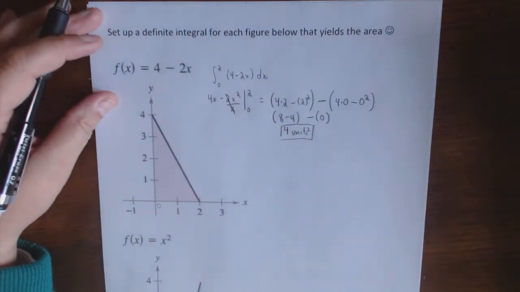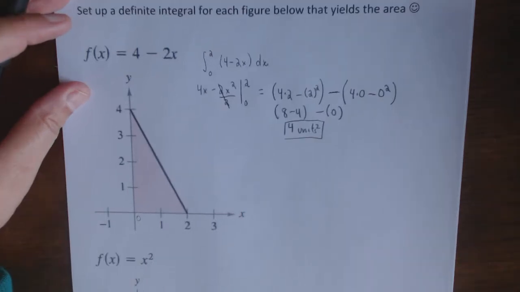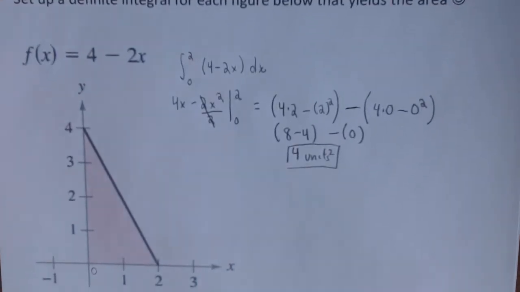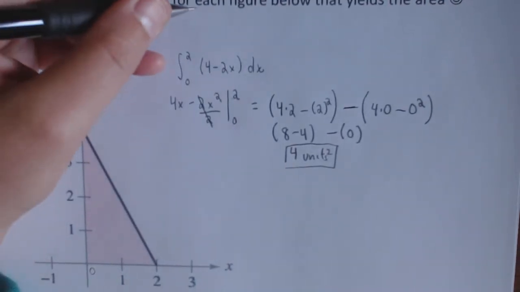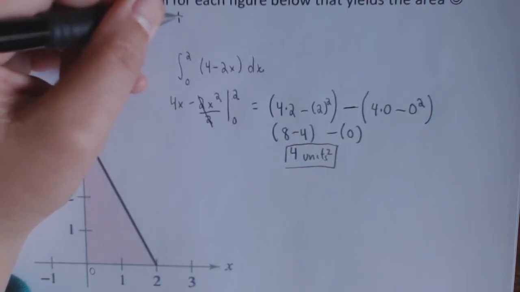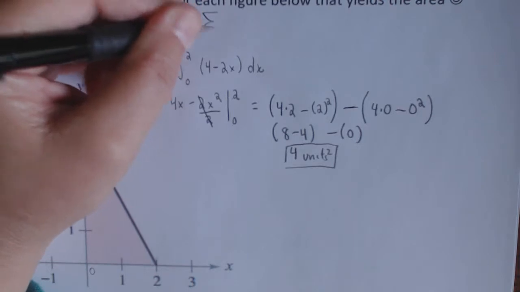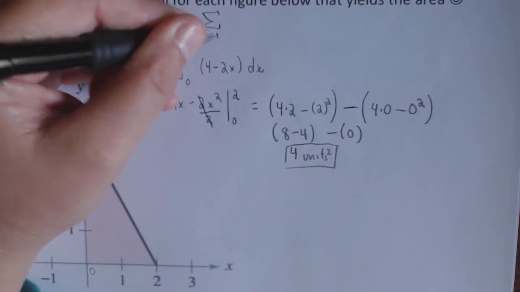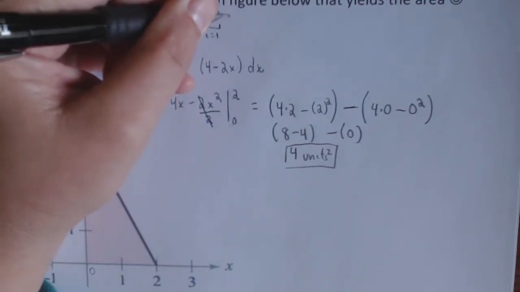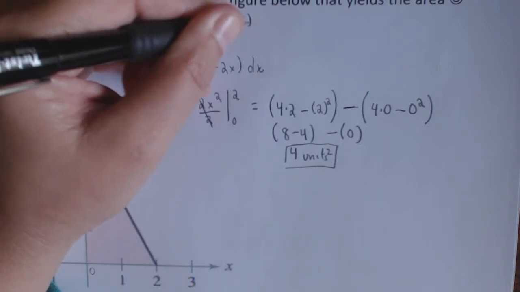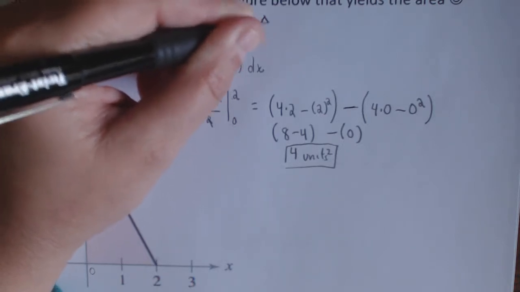Alright, now that we're finally looking at integrals, I did want to make a connection. Remember when we did Riemann sums? Riemann sums were the limit as n approaches infinity of the sum, i equals 1 to n, of f of x sub i times delta x.